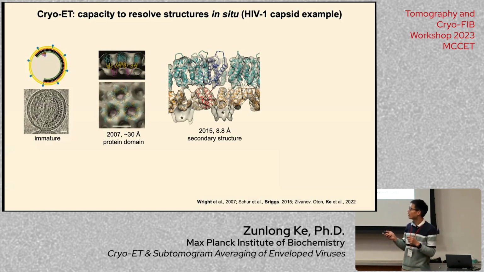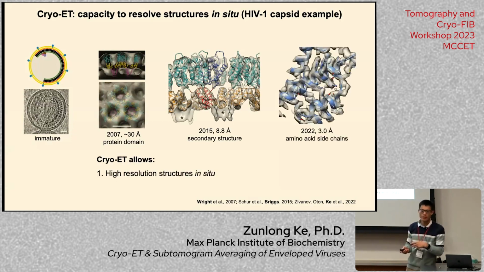And then recently, the same protein complex has been solved to about 3 angstroms. So you can see this evolution of Cryo-ET has been going much faster than we would think.